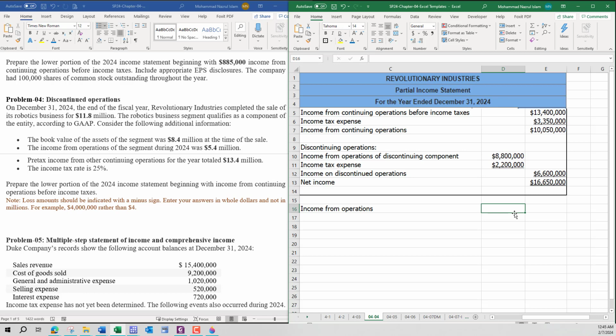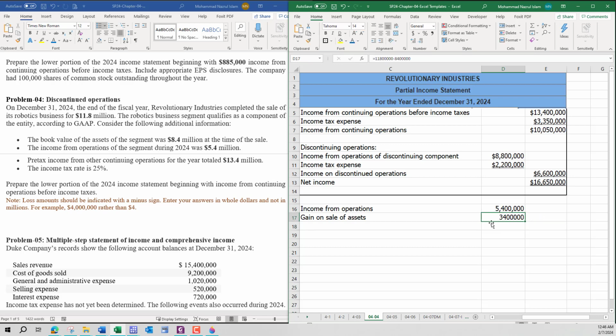And then the gain on sale of assets: we sold for 11.8 million, and the book value was 8.4 million, so 11.8 million minus 8.4 million is 3,400,000.